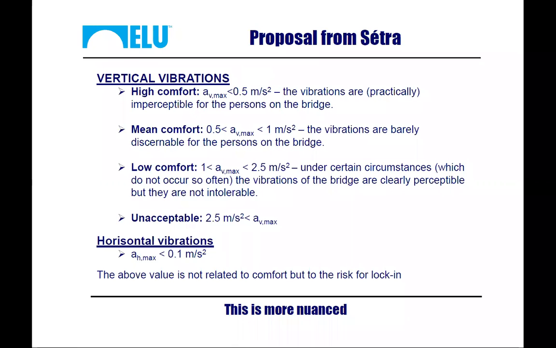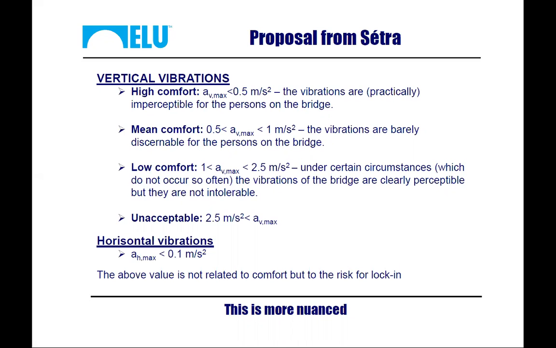What is the meaning of this low comfort? This actually means that under certain circumstances, the vibrations of the bridge are very clearly perceptible, but they are not actually intolerable. What is intolerable is values of the maximum acceleration above 2.5 meters per square second. This is considered a panic threshold.